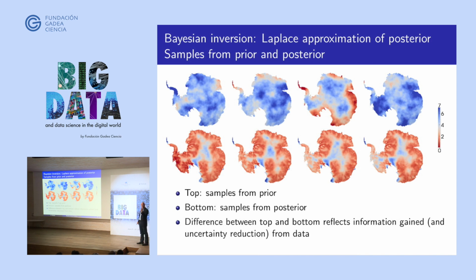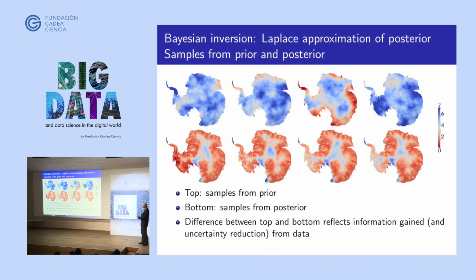But using these low rank ideas, one can then sample. These are samples from the prior, they don't show you any particular structure. These are samples from the posterior, and as you can see, there's large variability in the interior, but little variability in these fast-flowing ice streams.